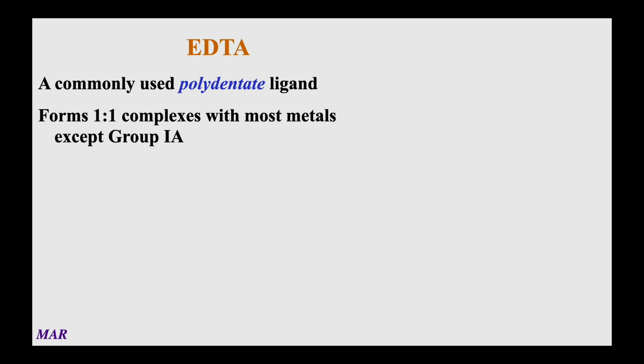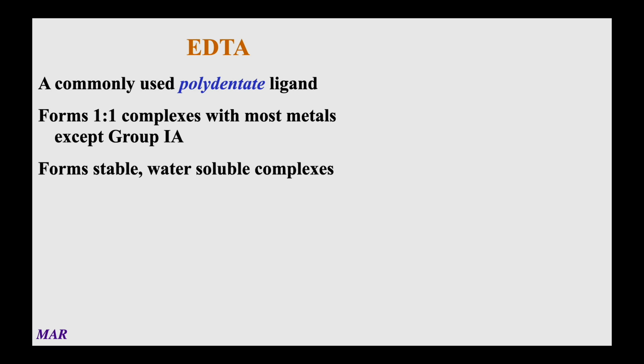It forms 1-to-1 complexes with most metals on the periodic table except for group 1A. And what that means is that if EDTA sees a metal, it basically attacks it, and one metal per one EDTA molecule is the resulting complex that forms. It does not do very well though with group 1A, so don't expect it to get the sodium out of your diet or potassium or lithium or something like that.